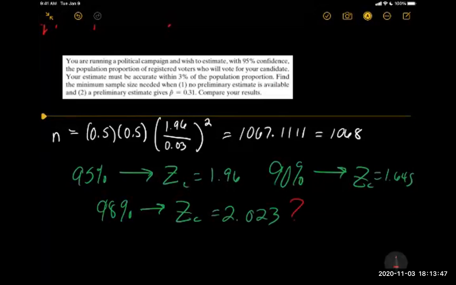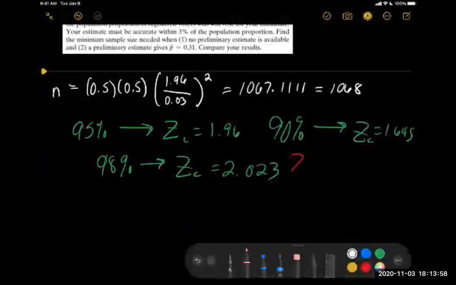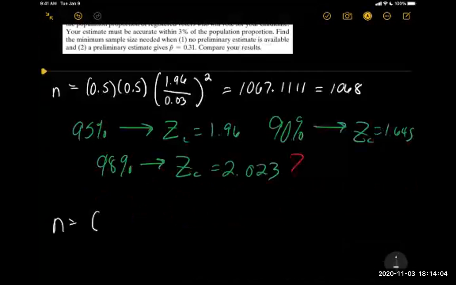Now, the second part of the question says, what if your preliminary estimate gives you p hat equals 0.31? So that would be exactly the same scenario, except if p is 0.31, then q would be 0.69. Everything else will be the same.